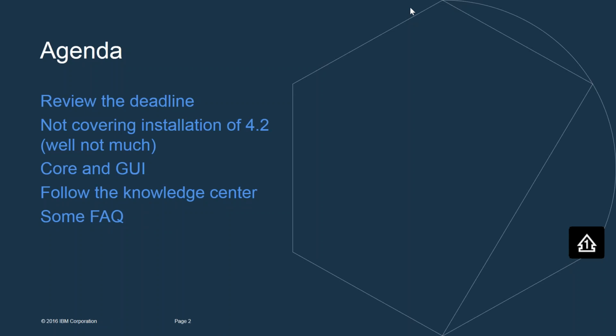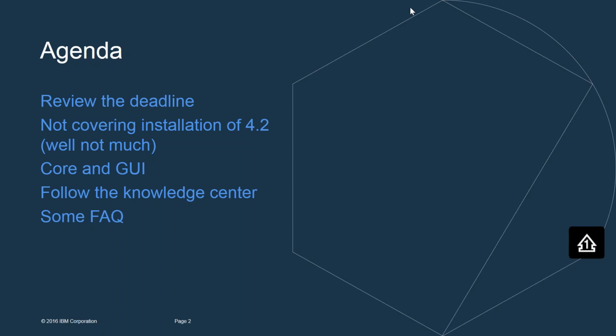Slide 2, we're going to talk about the deadline that's approaching that causes us to talk about the upgrade to 4.2. Originally, we weren't going to talk about the upgrade to 4.2, or rather the installation of 4.2, and I've put parentheses and said, well, not much. We are going to probably talk about it a little bit.